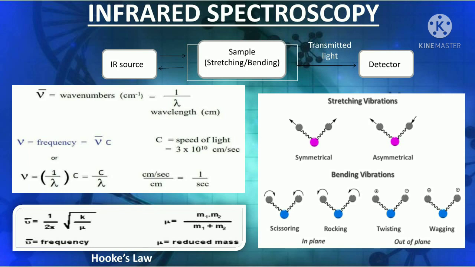As you can see in the diagram on this slide, one wave number is basically 1 by wavelength. And also frequency is wave number into the speed of light. So according to this derivation, we get frequency is equal to c by lambda. The point to notice here is that wave numbers are directly proportional to frequency.